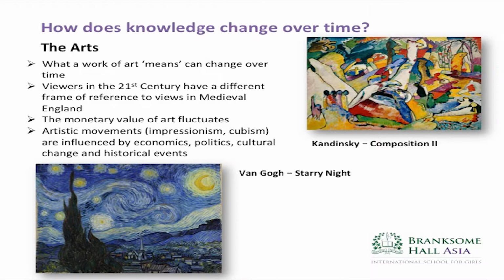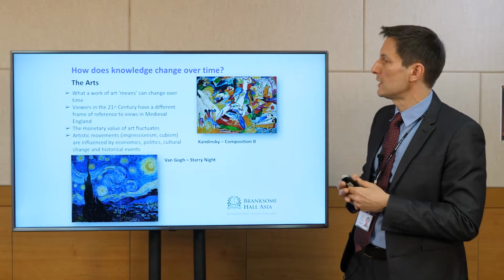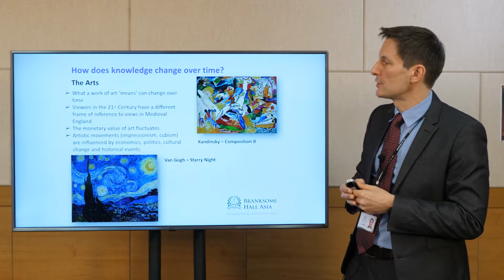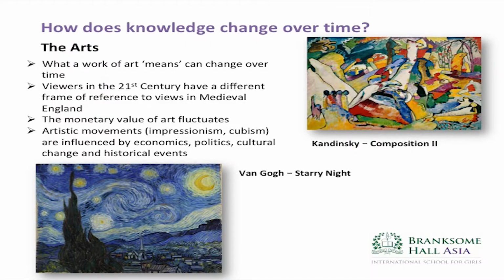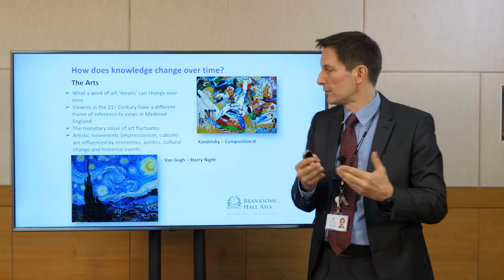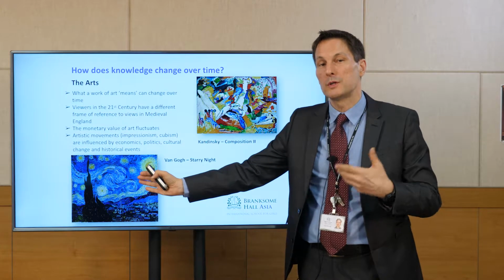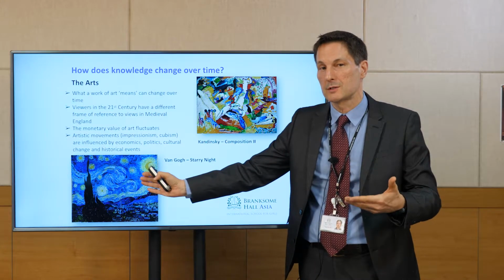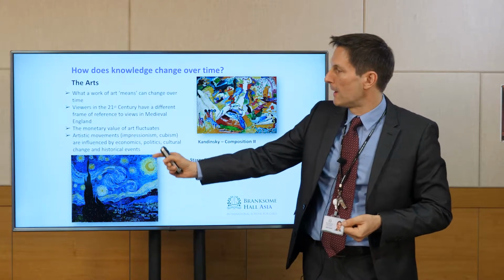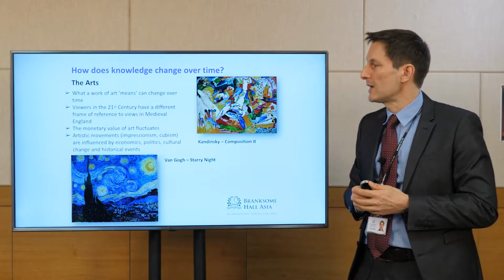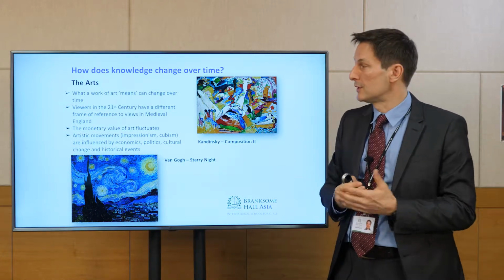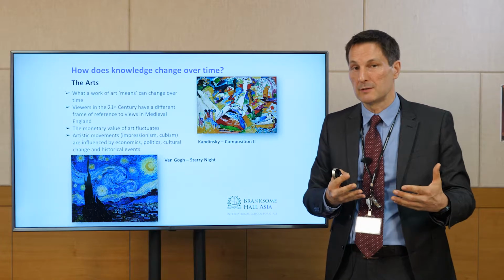And then we'll also talk about another area of knowledge, such as the arts. How does knowledge in the arts change over time? So for example, what a work of art means can change over time. If you see a work of art like this 100 years ago, we would interpret it differently to the way we might interpret it today. Viewers in the 21st century have a different frame of reference to viewers in, for example, medieval England.